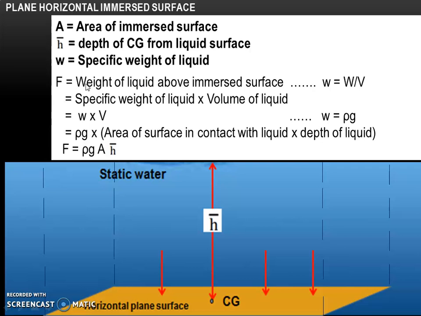But specific weight is rho into g, and volume is area of surface in contact with liquid into depth of liquid. So F will be equal to rho g A h bar. And here the center of pressure will be equal to h bar itself for the horizontal plane surface.